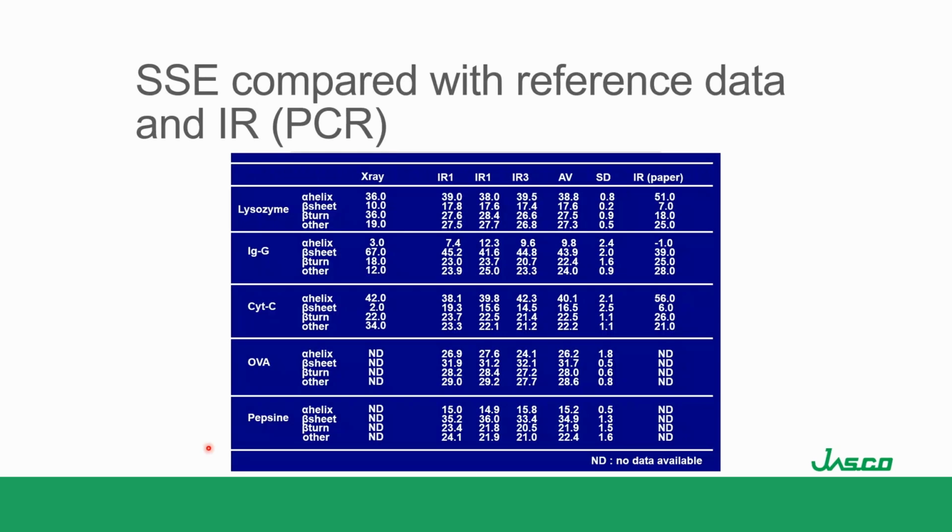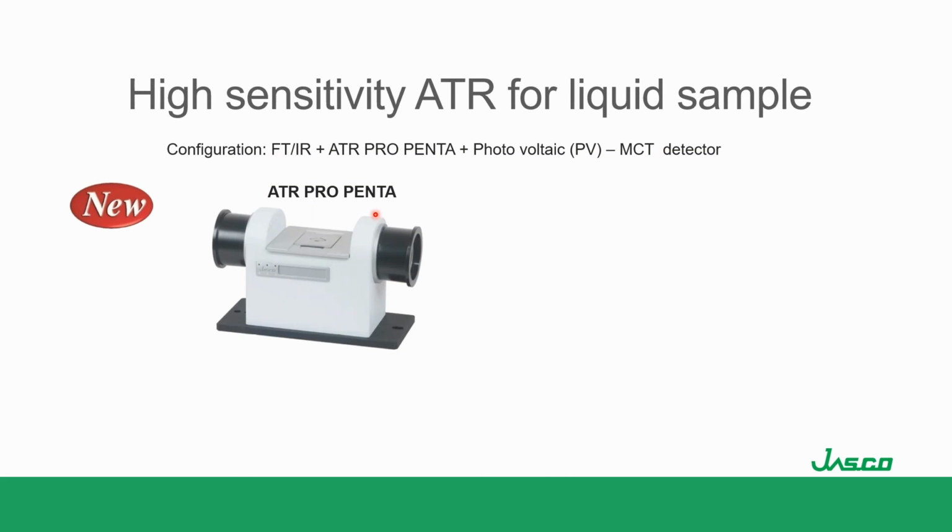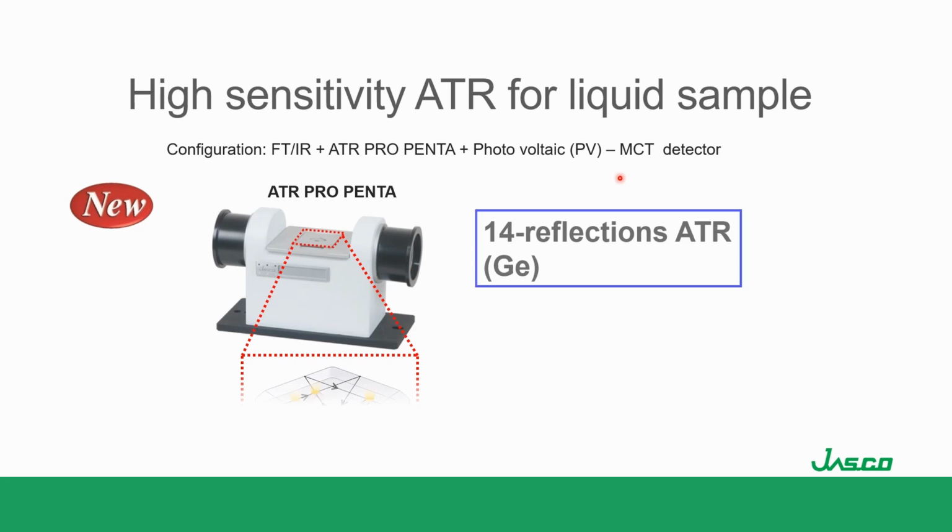Here we have more information about other proteins, and the results are similar. We can look into what the trend is on each measurement. So for those measurements that are really low in concentration, at JASCO we offer a high sensitivity ATR for liquid samples, and we combine this FTIR bench with the ATR Pro Penta, the accessory that we see here, in combination with an MCT detector, an affordable, high sensitivity detector.